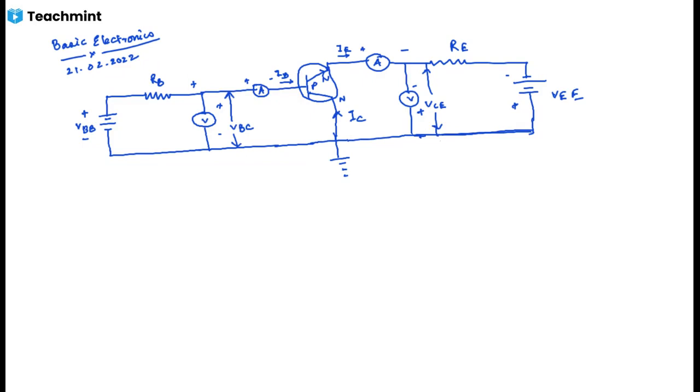To determine the input characteristics, the output voltage VEC is kept constant at any voltage, and input voltage VBC is increased from 0 volt to different voltage levels. For each level of input voltage VBC, the corresponding input current IB is noted. A curve is then drawn between the input current IB and the input voltage VBC at constant output voltage VEC.